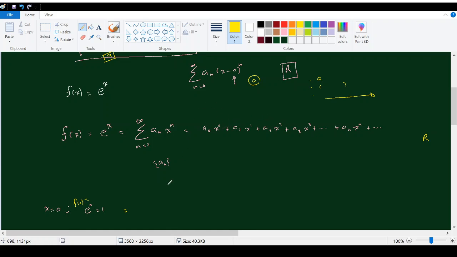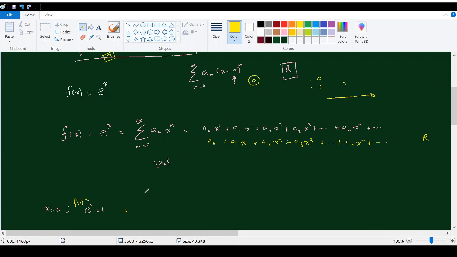And when you substitute into the series expansion, you can see that this is x to the power 0, and that is equal to 1. So this is just a0, and after that you will get an x term attached to each coefficient, and it will go like this.